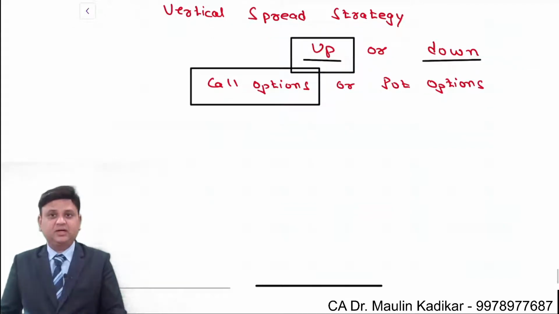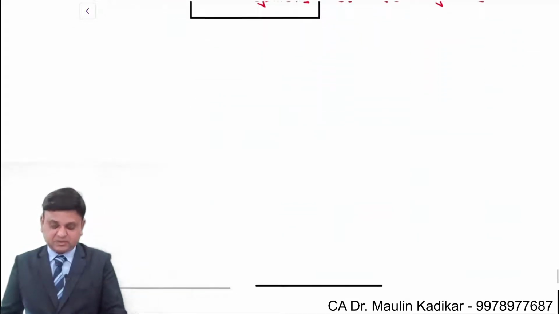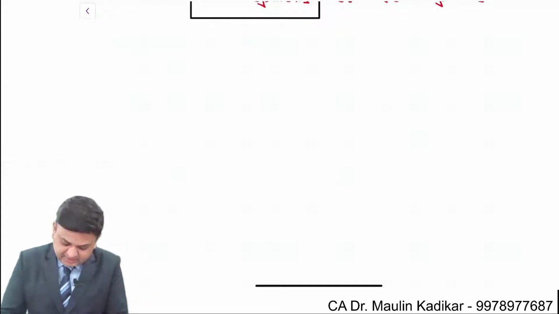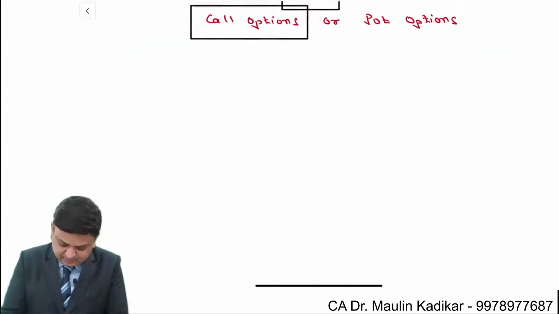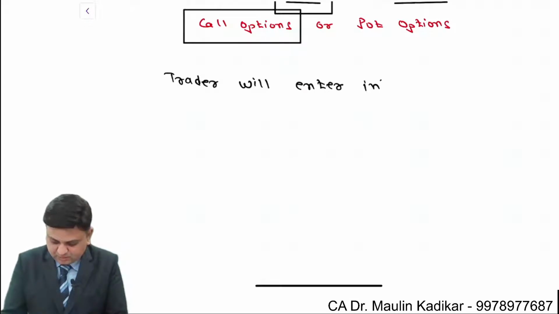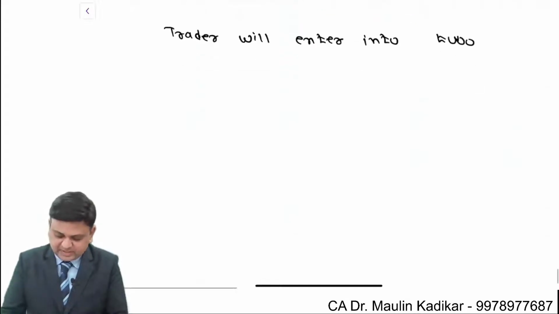So now let us have understanding. Everybody is requested to pay attention over here, that in case of vertical spread strategy, trader will enter into 2 transactions at one point of time.